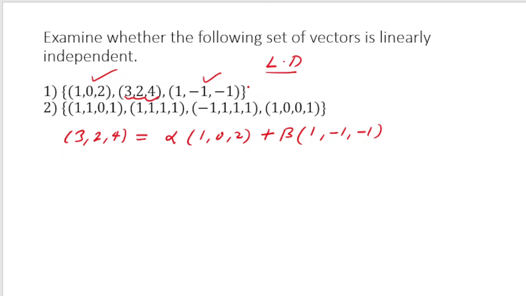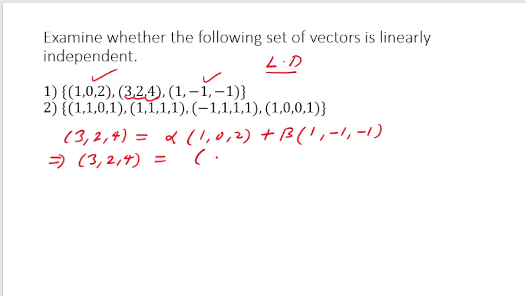But we have already seen that they are linearly independent. So let us establish this. Just to prove it, I am doing this exercise. So if you look at this expression, this is actually 3, 2, 4, and on the right hand side, if you combine them, you will get what?